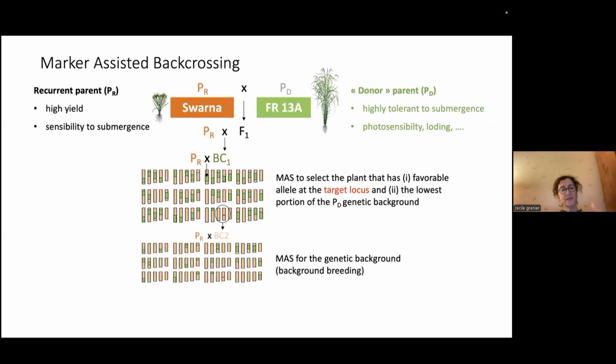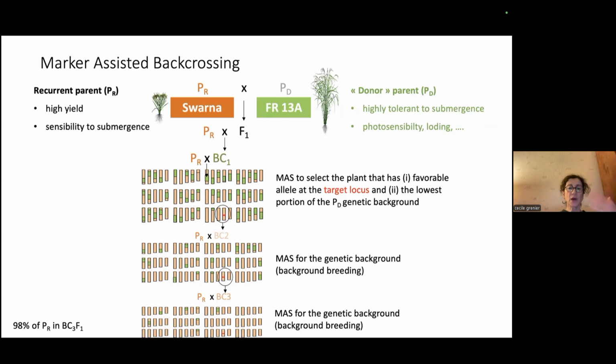Then you have different steps of backcrossing to remove everything in the background genome that belongs to the donor but that you don't want, because you want to really recover the recurrent parent. You reach a very high percentage of recurrent parent in a very early generation of backcrossing.